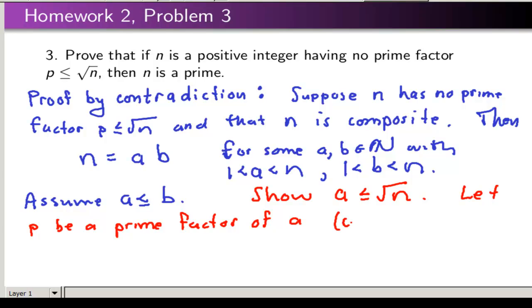So why does it exist? And then what can you tell me about the size of that prime? And what can you tell me about the divisibility of n and that prime p? So I'll let you take it from there to obtain some contradiction.